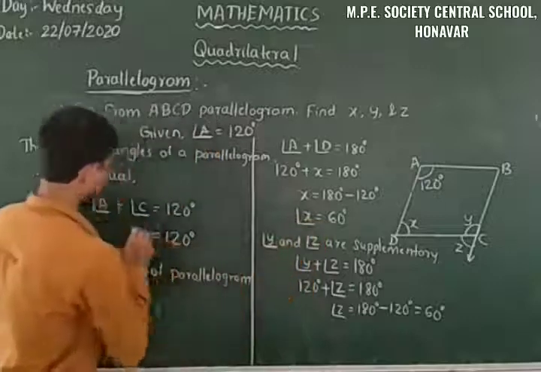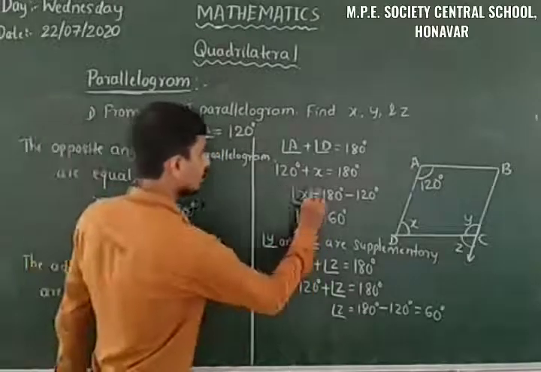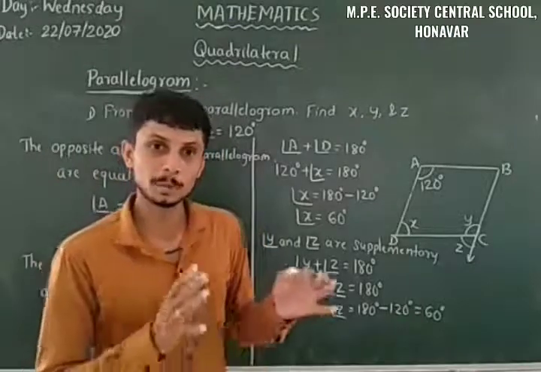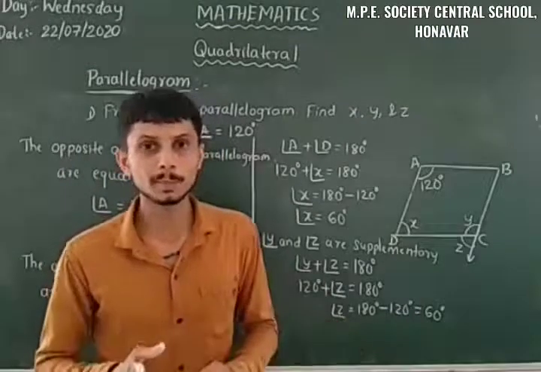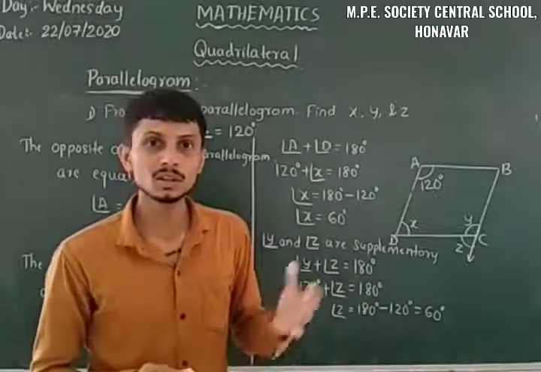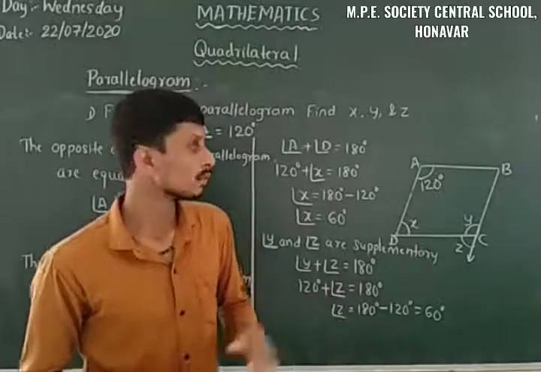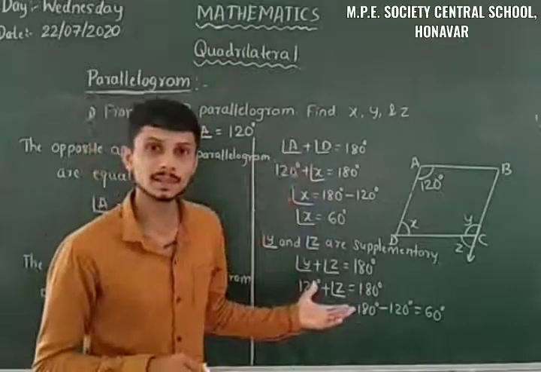Just put the angle sign here. So this is about property number 2 and property number 3. With the help of property number 2 and property number 3, we solved some examples.